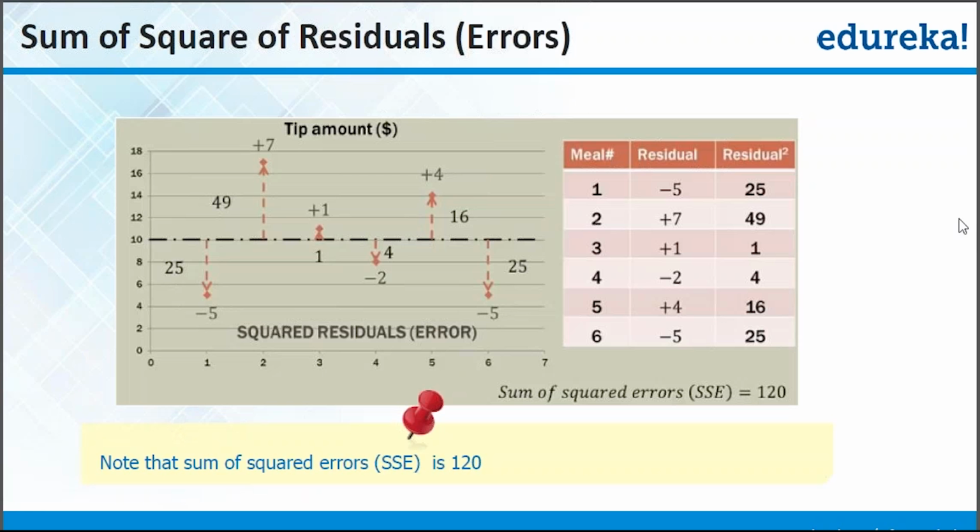Hardeep is asking about the sum of squares of residuals. So this -5 becomes 25, right? If I sum everything, it becomes 120. Adding up all the squares of the residuals, it is 74, 75, 79, 95, 120.